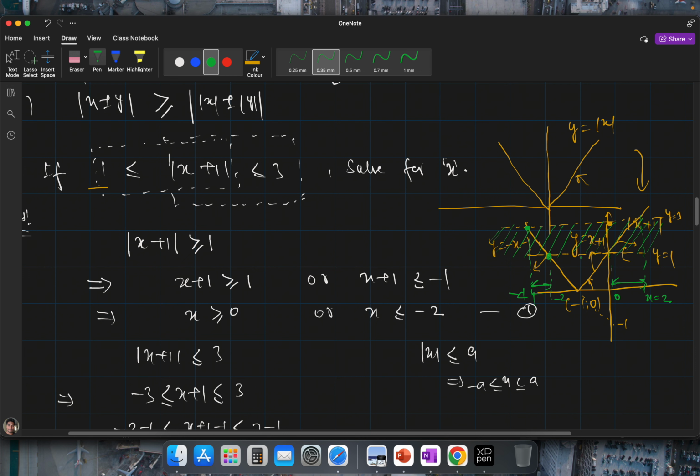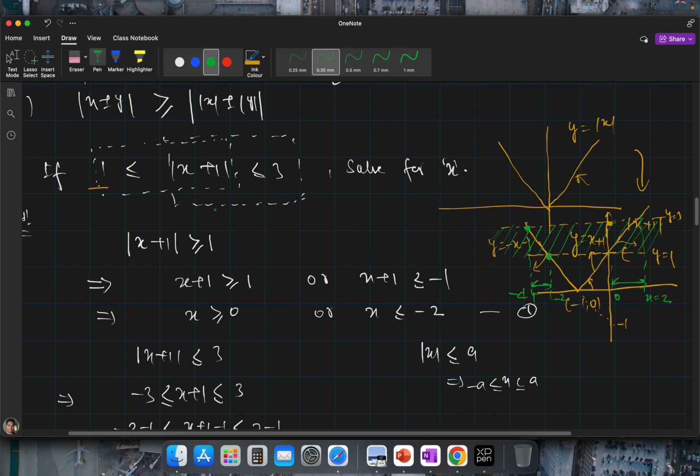In the question, the function is mod x plus 1. For this question, the answer should be only 0 to 2, because the equation which is being asked in the question is only mod x plus 1, not mod minus x minus 1. Why? I'm not getting your question. What is your doubt exactly?